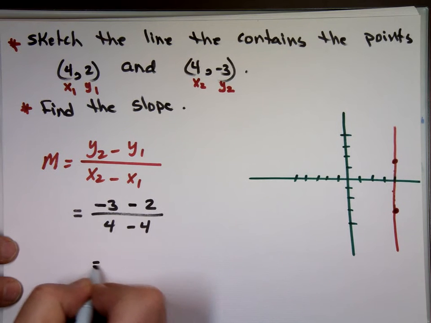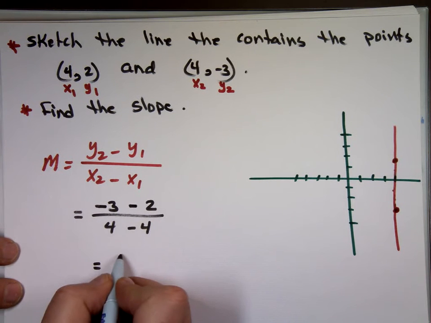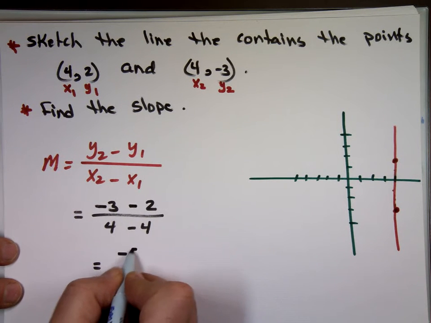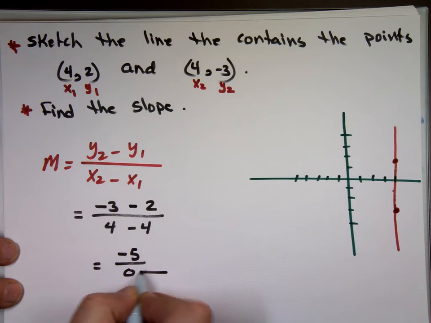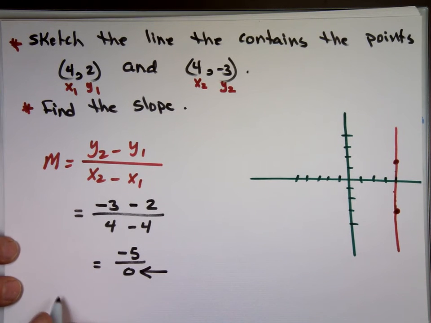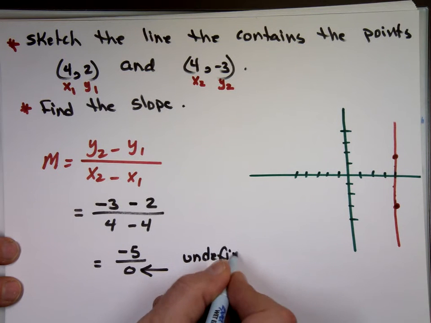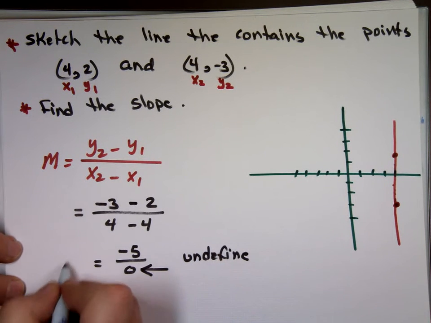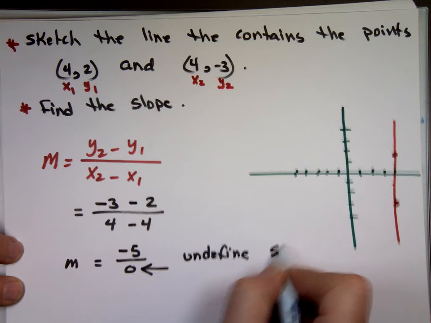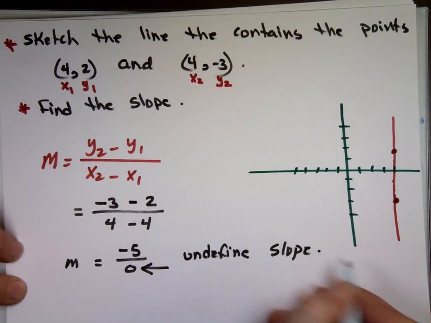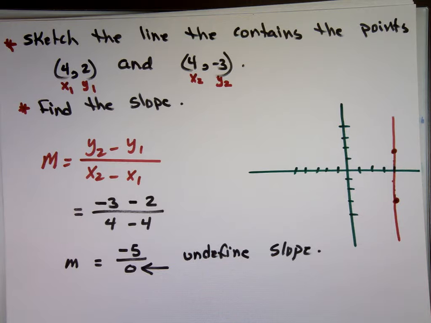What's negative 3 minus 2? Negative 5 over 0. Because of the 0 on the bottom, the slope is undefined. Can't divide by 0. You have an undefined slope.